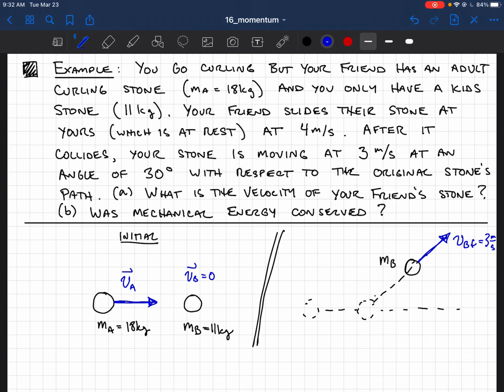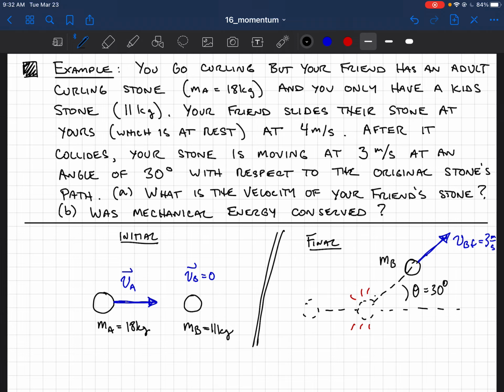It has a speed of 3 meters per second. And this angle, as we were told, was theta is equal to 30 degrees. So this was the collision here, happened at some moment in time before this picture. This is our final picture.